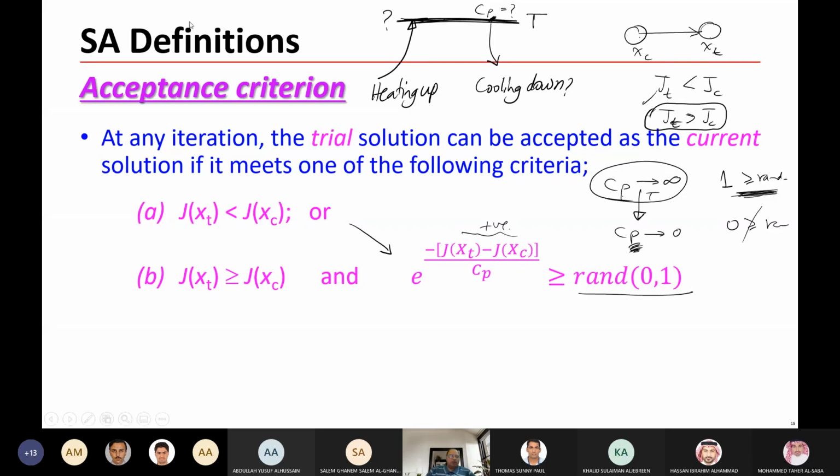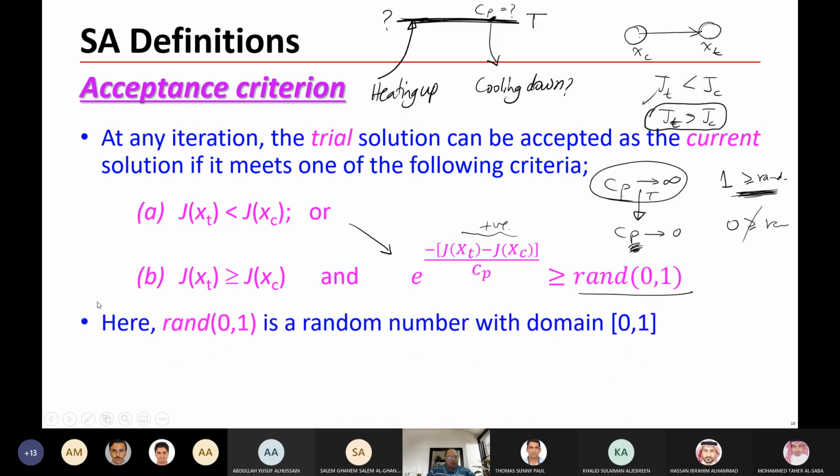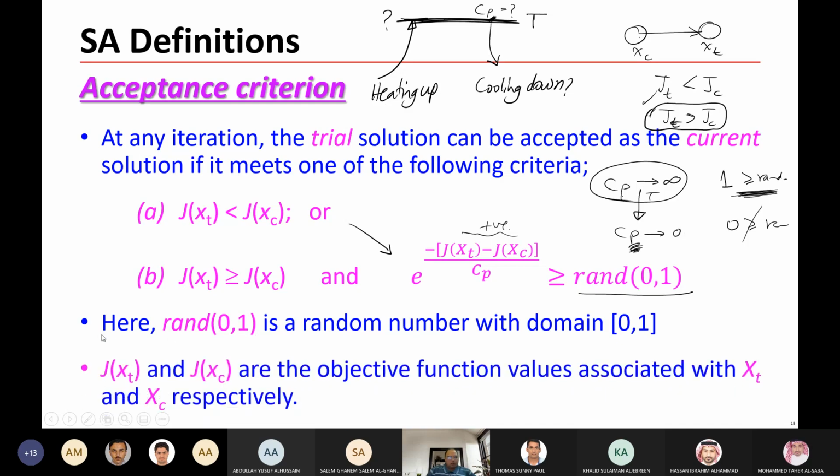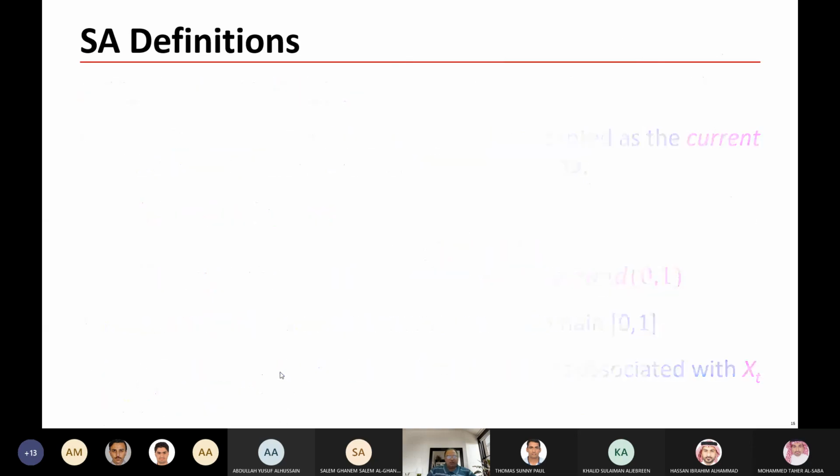So this will be governed by what we call the acceptance criteria. So the random number between 0 and 1, okay. And J of xt and J of xc are the objective functions associated with xt and xc respectively.